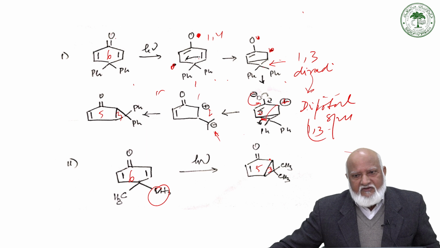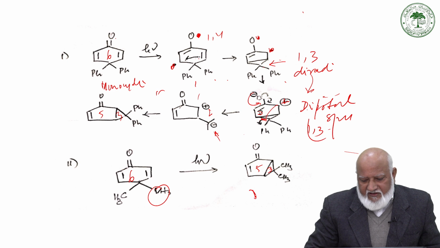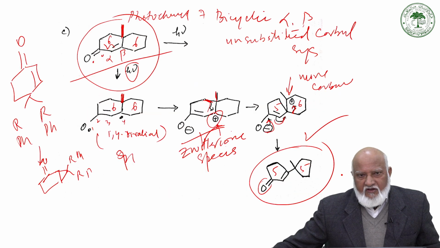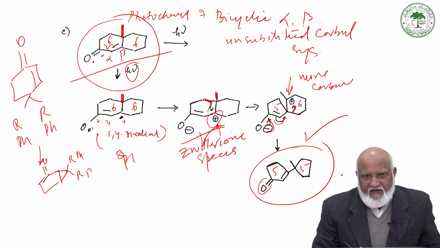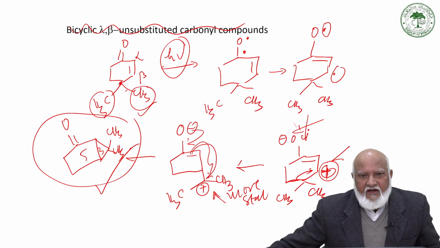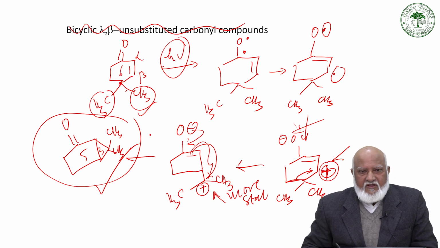A monocyclic is converted to a bicyclic ring system. Here also a bicyclic 6-6 has converted to a 5-5 ring system, and here also a monocyclic 6 is converted to a bicyclic system.